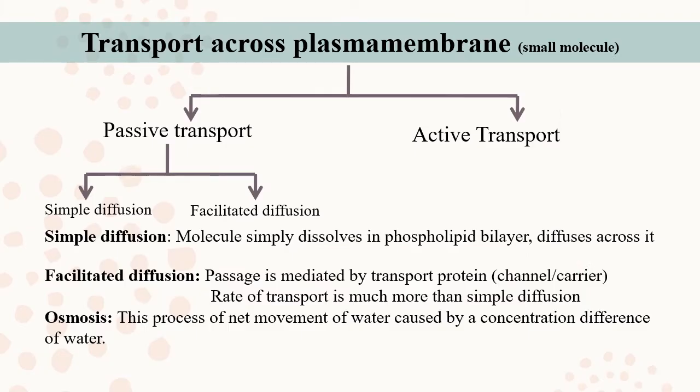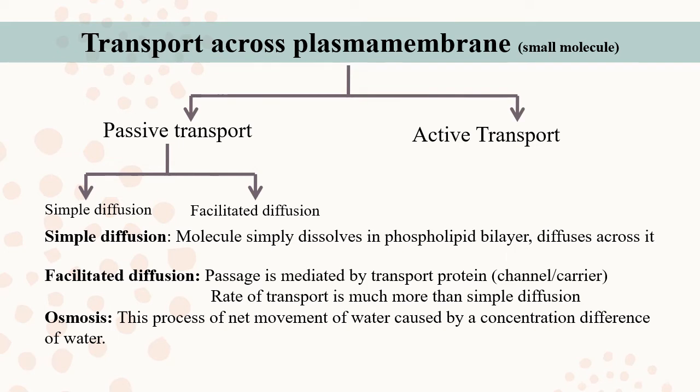Till now, what we can say is, to carry small molecules across the plasma membrane, transport can be divided into two types. One is passive transport and another one is active transport. Passive transport can be further subdivided into simple diffusion and facilitated diffusion. In simple diffusion, the molecule simply dissolves in the phospholipid bilayer and diffuses across it.